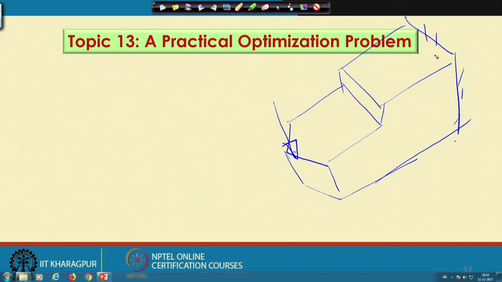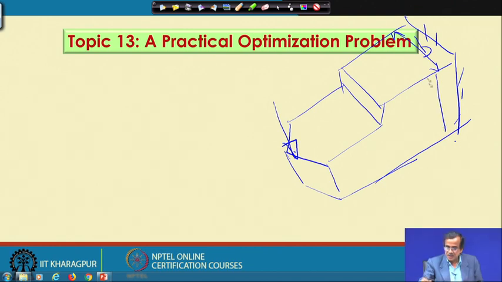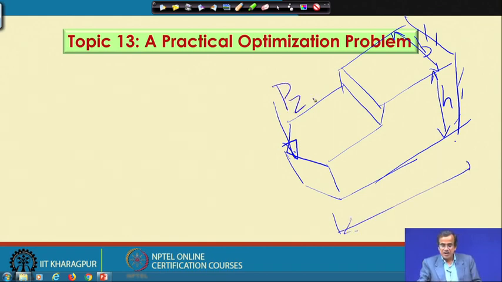To solve this problem, we tried to find out the optimal values for B and H, and L is fixed, and there is a load here, Pz, the maximum load. We have to find out the optimal design of the tool so that it becomes less in weight, but at the same time there should not be any mechanical breakage.